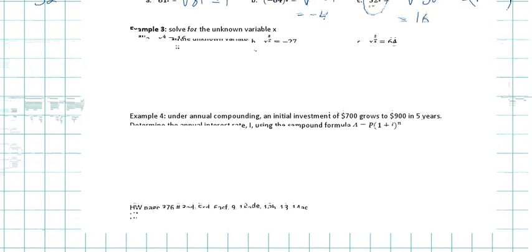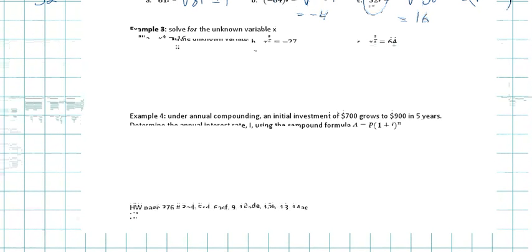Solve for the unknown variable x. What do you do? So x to the power of 4 equals 16. What's the value of x? 2? Why? How did you get 2? Root 4 of x. Okay. Opposite operation, guys. Remember?